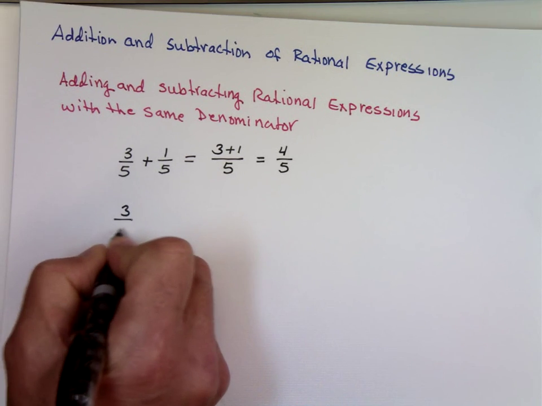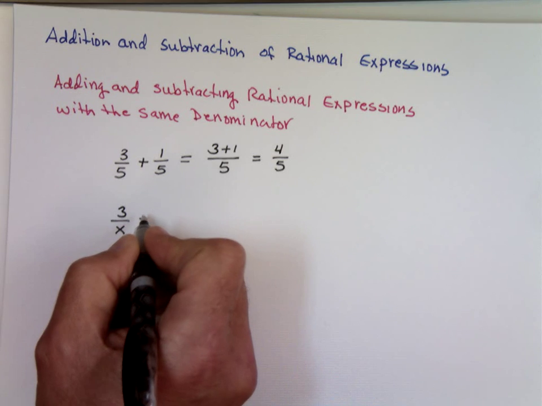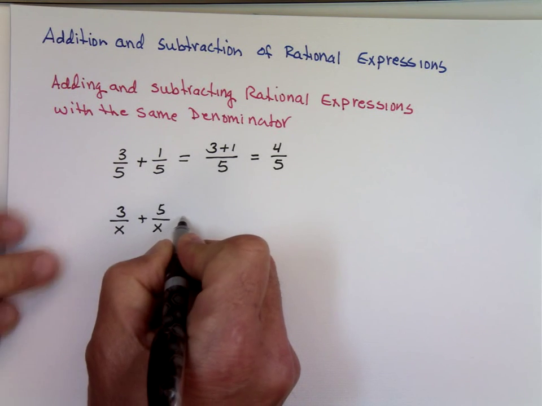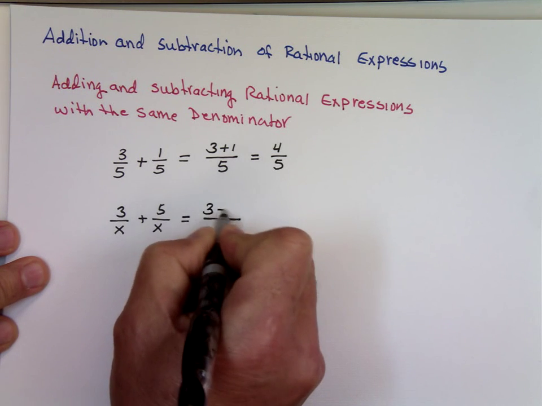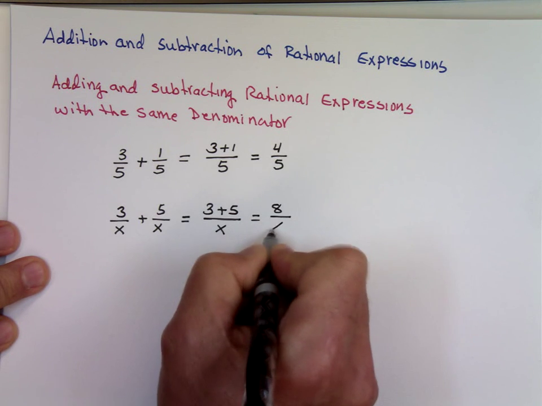If I have 3 over x and I want to add to it 5 over x. Again, we have the same denominator. Keep it. 3 plus 5, that's 8 over x.